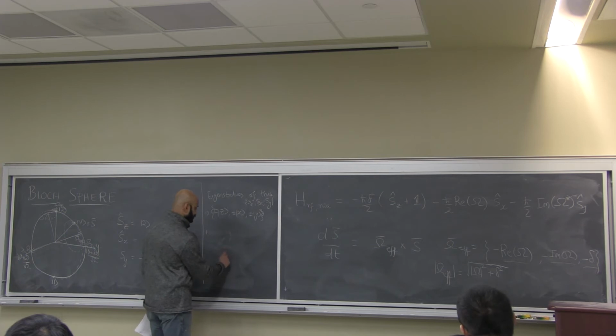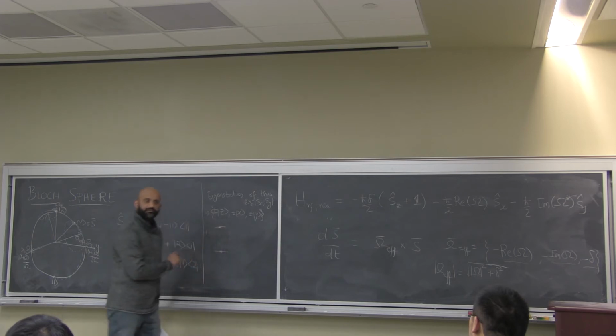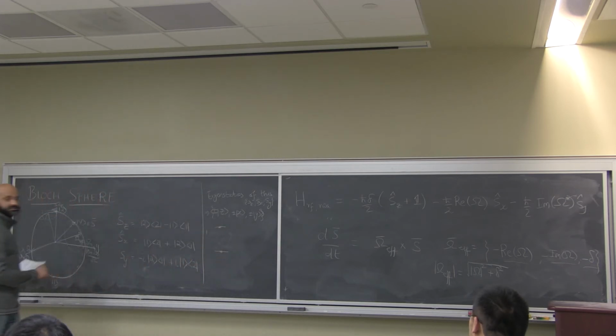So for example, I can start with a system in some superposition of 0 and 1. Okay? So let's say along the x-axis, right? And now I turn on a detuning. Even though there is no effective field, now I have caused some precession along the equator plane. Okay? Yeah? And so that can alter what's happening to the system. Okay?